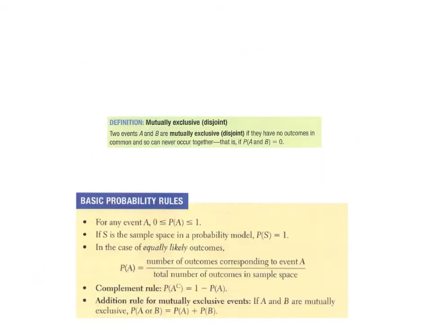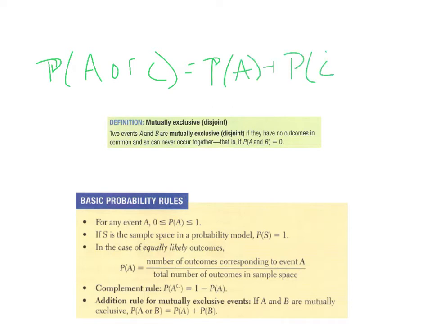And our last thing with probability here with these rules is that if two events have no outcomes in common, then the probability that one or the other occurs is the sum of their individual probabilities. This is what we saw on that example before when we looked at the probability of A or C, and we were able to add those two probabilities: the probability of A or C equals the probability of A plus C. That's because A and C had no outcomes in common.